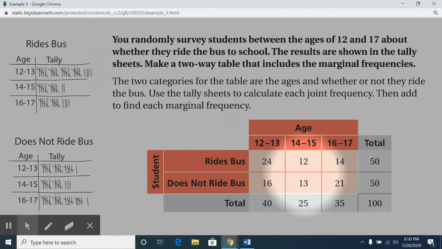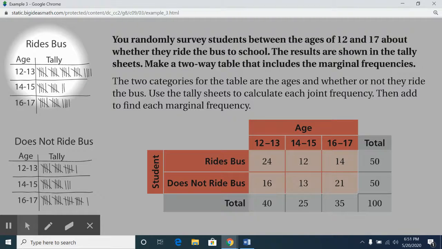All right? So very similar to what we just talked about, but here's just an example of how we can create a two-way table if we have data from a survey, which is essentially what you guys will be doing when we do this project, sometime next week or the week after, to kind of finish out your year.